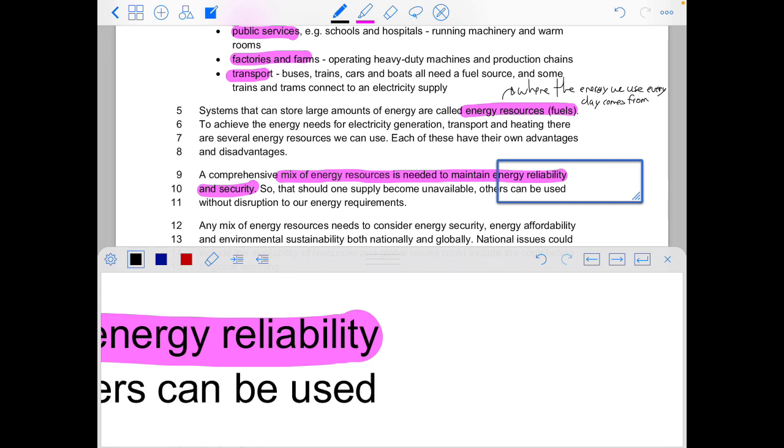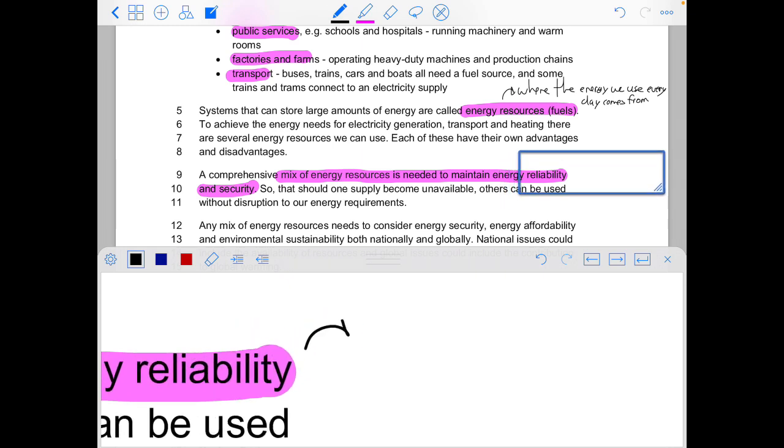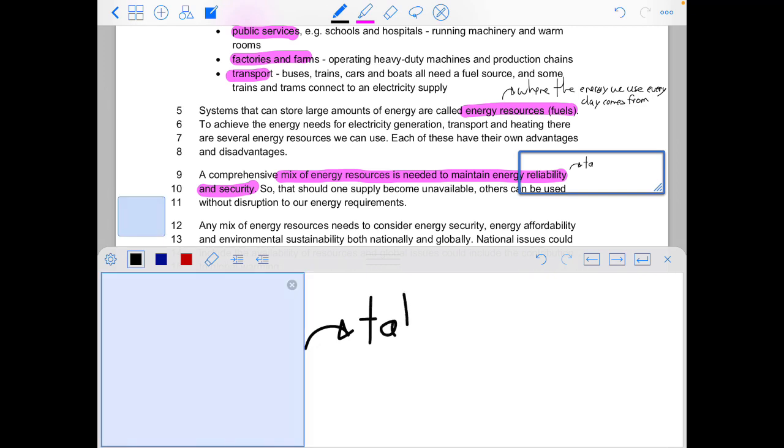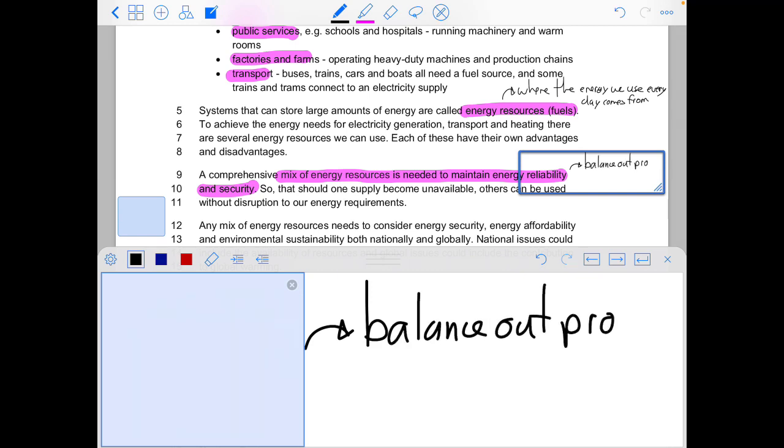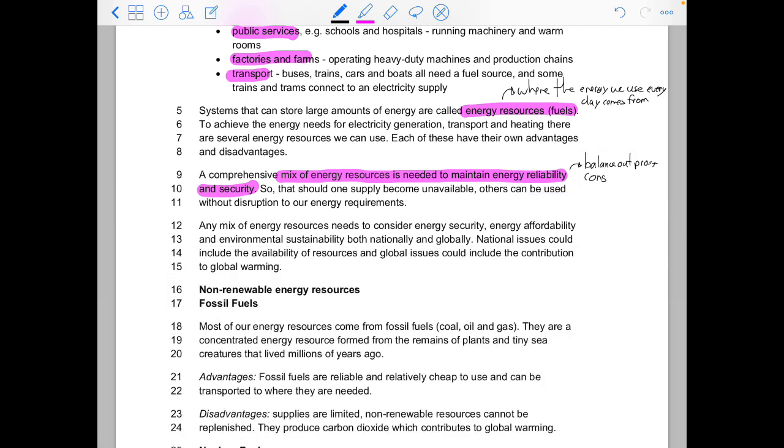So for example, we can't just always use solar energy, because what happens on a cloudy day? We can't always use wind energy, because what happens when we have a calm day? So a mix of energy resources is to balance out the pros and the cons, or the advantages and the disadvantages of each of these different sources.